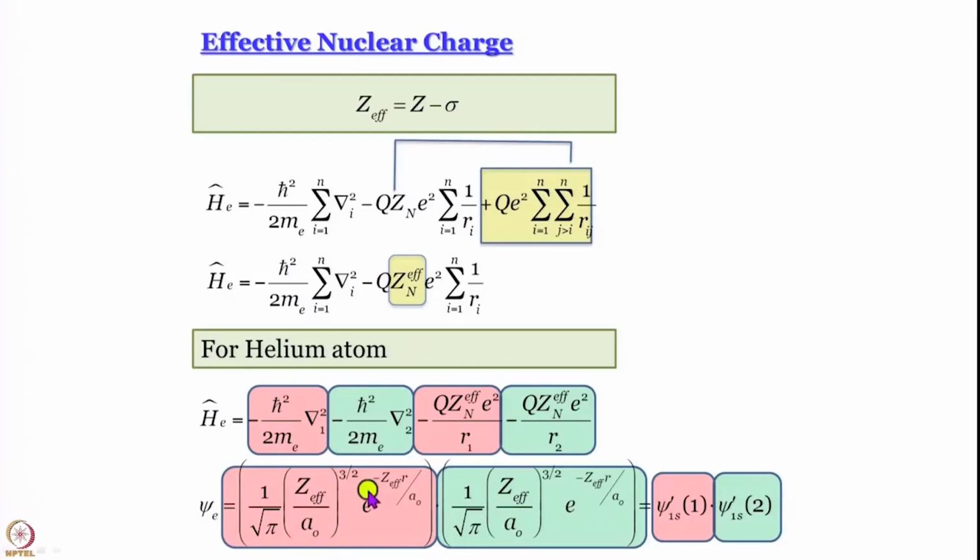If Z effective is less than Z, then this constant becomes smaller. So for any given value of r, psi becomes a little smaller. Also the fall off is not as much as it would have been for full Z, since Z effective is a smaller number. So the shape and size of orbitals, if you want to put it that way, is going to change because of effective nuclear charge.